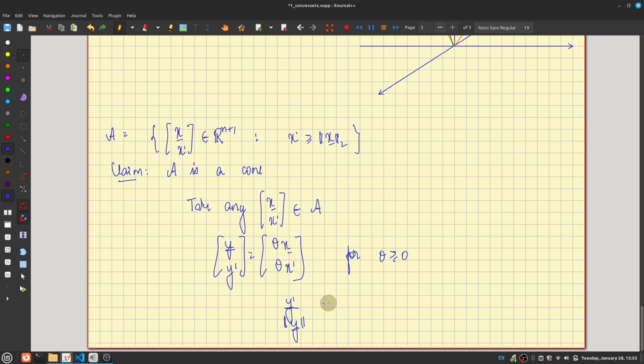This is equal to theta x prime divided by theta norm x, which is greater than or equal to 1, as x prime belongs to the set.